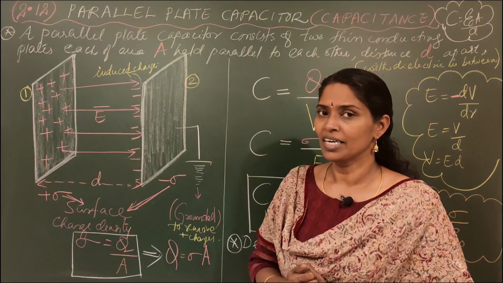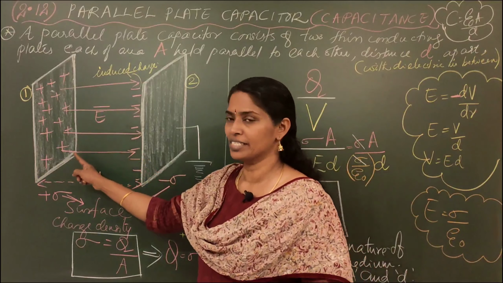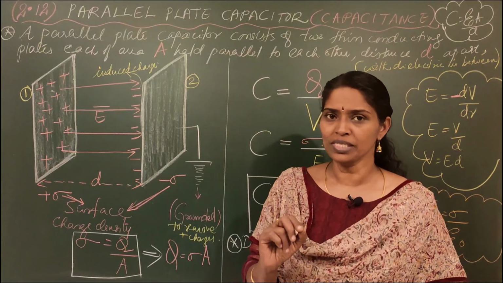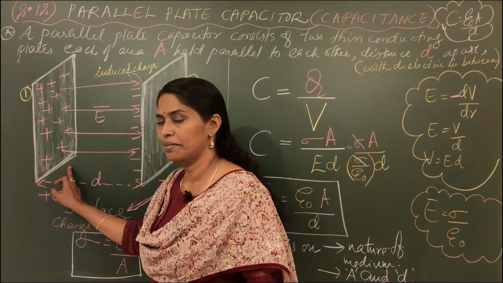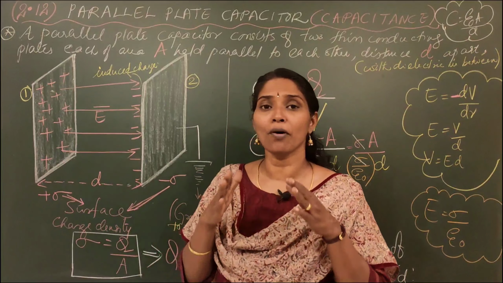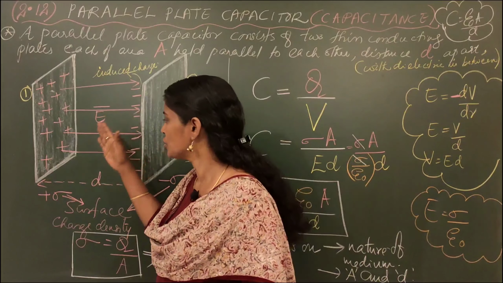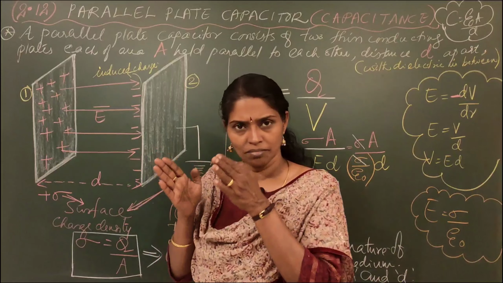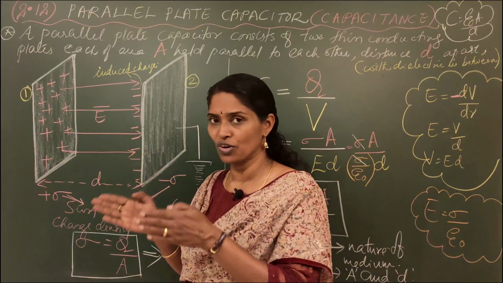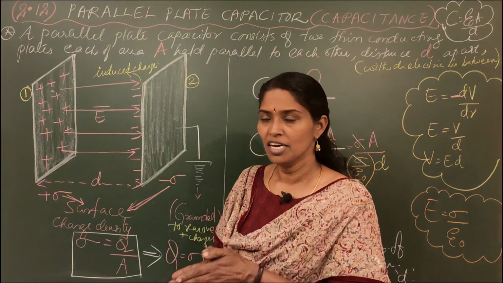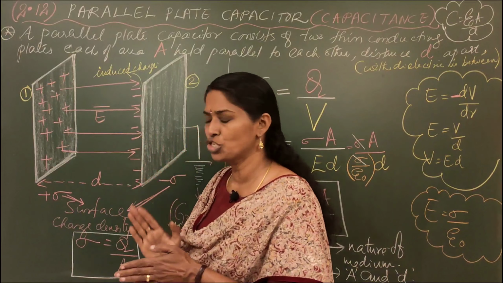So coming to the figure, we have two parallel plates, number 1 and number 2. First we take plate 1 and give it a positive charge. Now with a small separation d in between, we bring another plate 2.